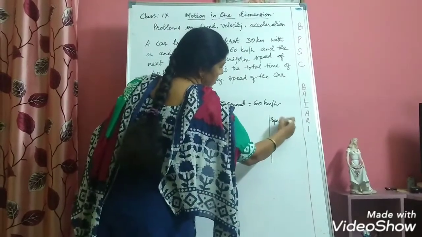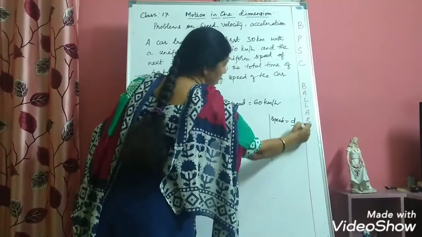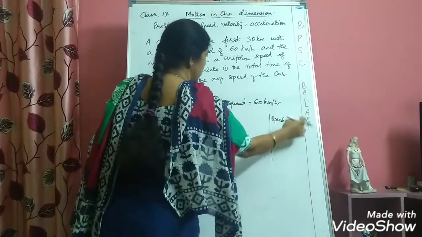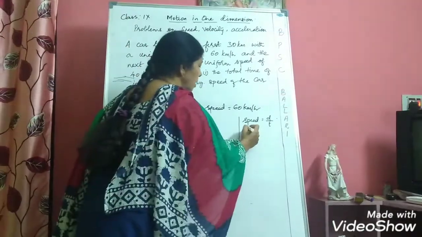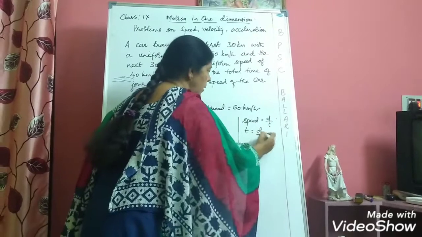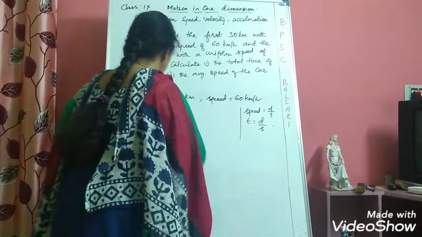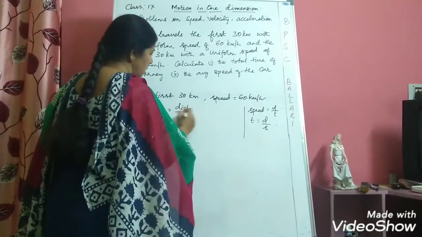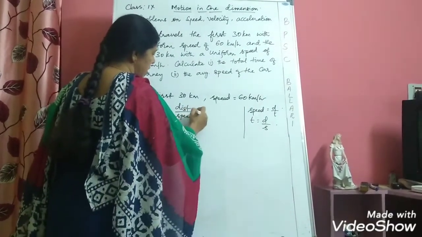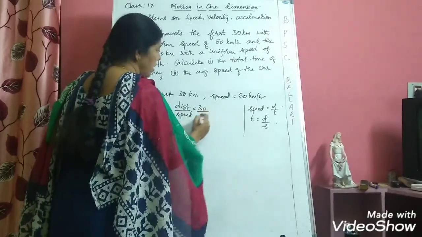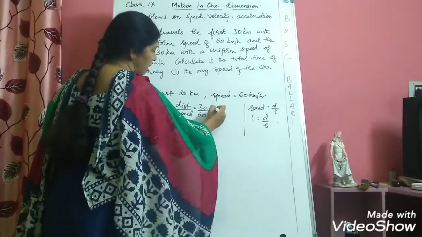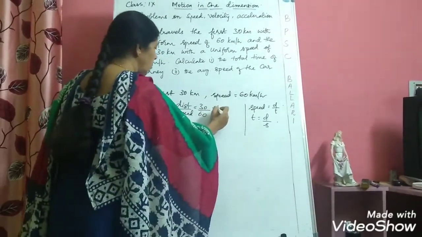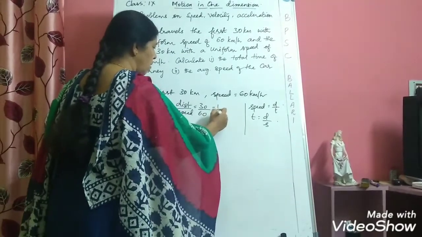Here speed is given, distance is given, so time will be equal to distance by speed. Distance is 30 kilometer by speed is 60 kilometer per hour. So it will be equal to half an hour.